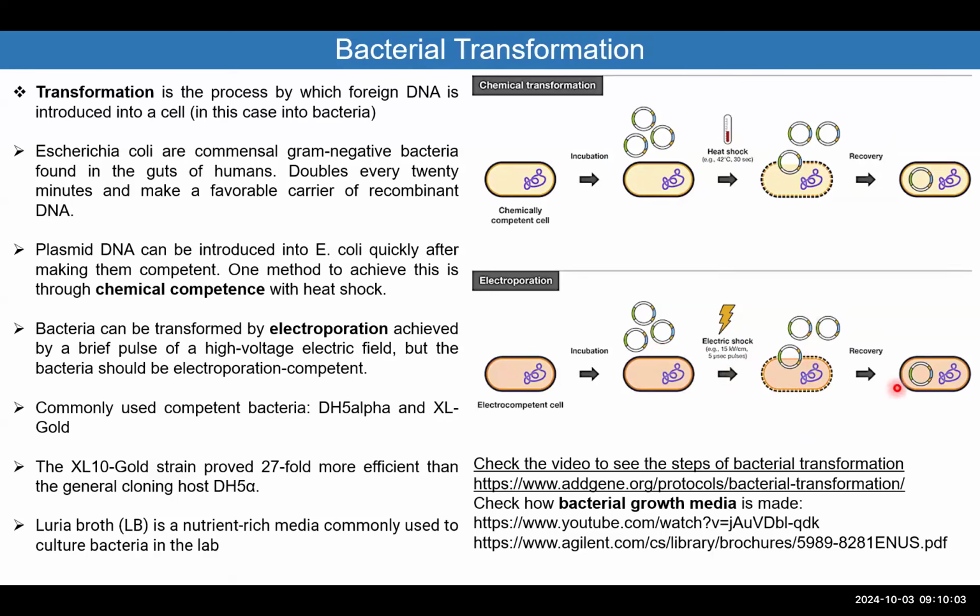The DNA gets in, and we can select based on the plasmid being used. If we have resistance for ampicillin, we grow the bacteria in ampicillin media. Only the bacteria that have the ampicillin resistance gene through the plasmid would survive.